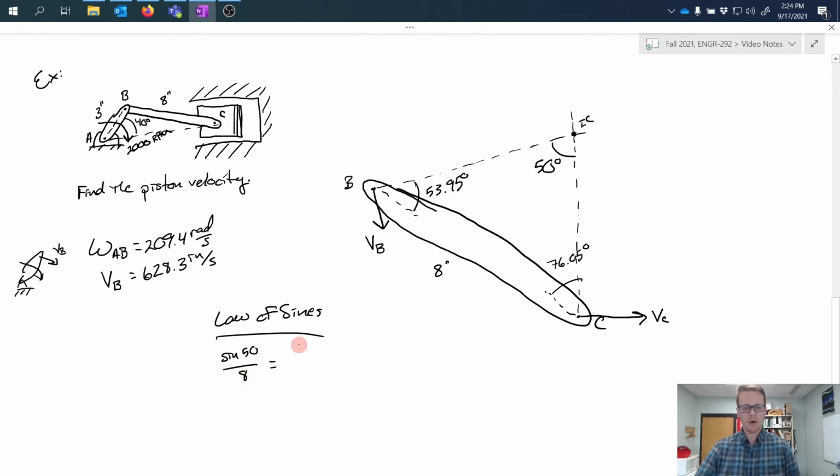And then I know that that must be equal to the sines of each of the angles divided by their corresponding lengths, which I'm just going to label with the labels for these points.